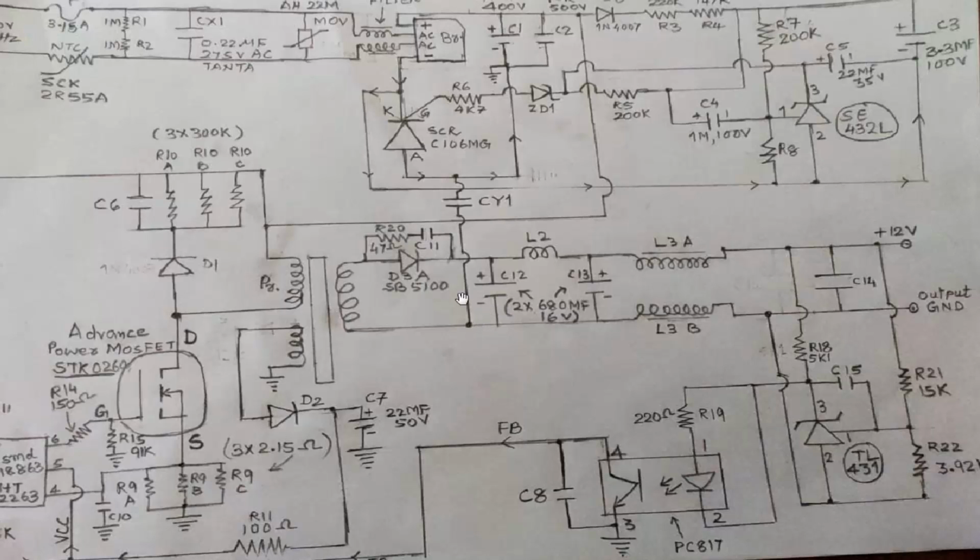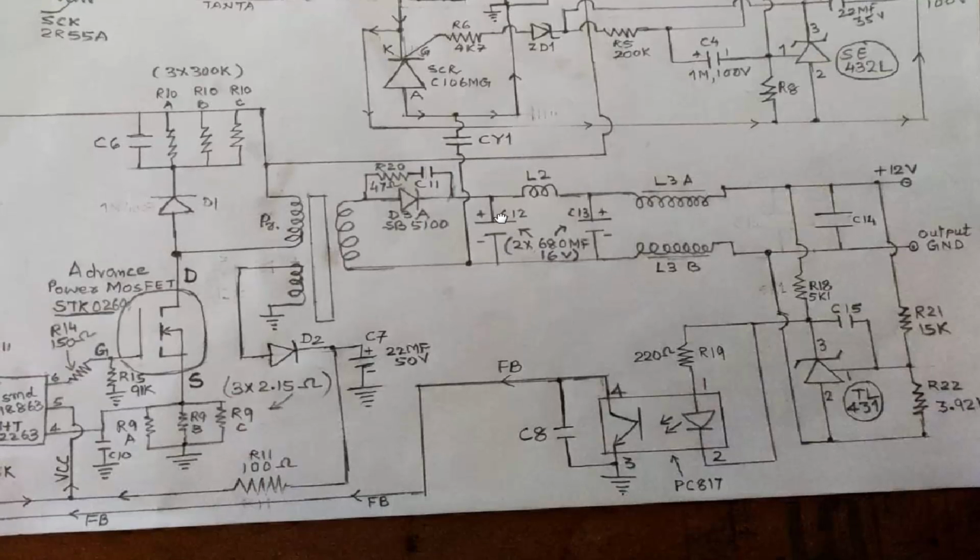Secondary ground and primary ground are balanced through this class Y capacitor to remove the noises, harmonics, all noises due to induction, due to load, due to surge currents. These are grounded to the primary main ground. Secondary ground and primary ground are balanced and all noises are bypassed through this class Y capacitor.